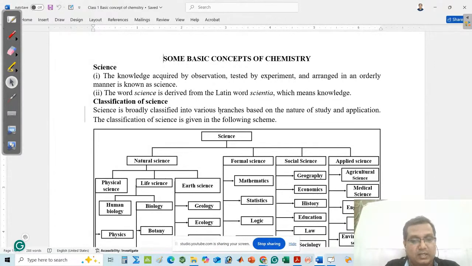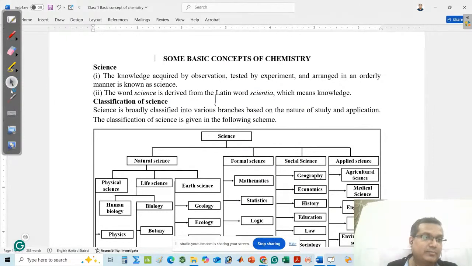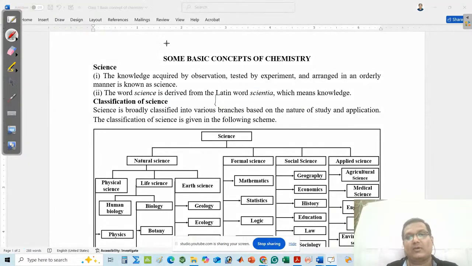Before going to the definition of science, I would like to give two examples. Suppose I think about water boils at 100 degrees. This is your first example: water boils at 100 degrees centigrade.